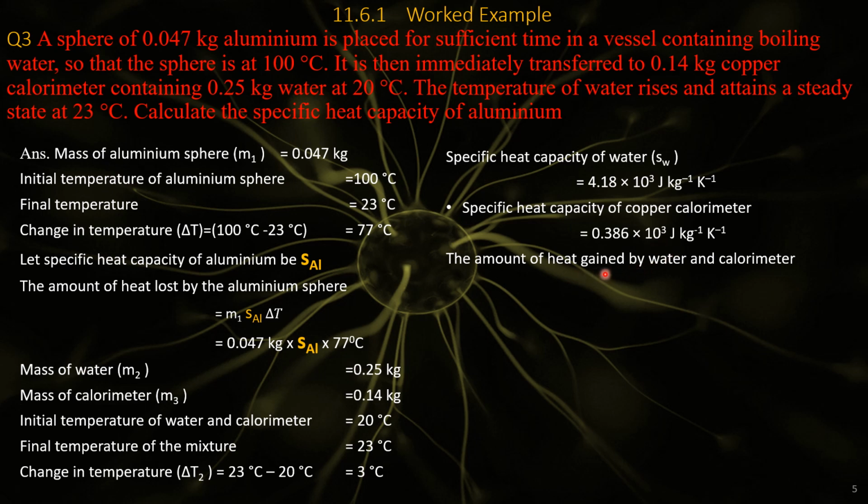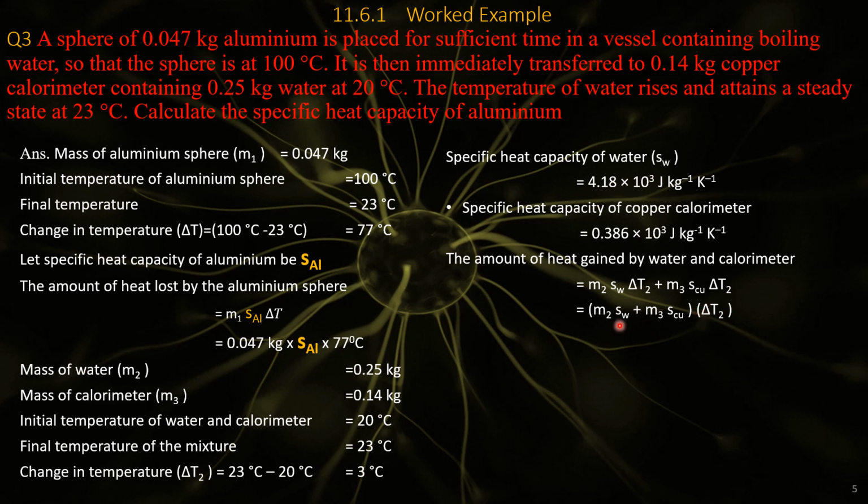The amount of heat gained by water and calorimeter is M2, that is the mass of water, into specific heat of water into change in temperature delta T2, plus M3, the mass of the calorimeter, into specific heat of copper into delta T2, the change in temperature.